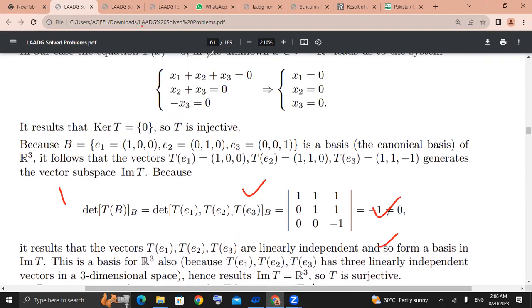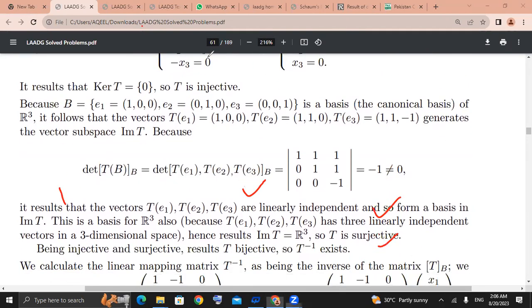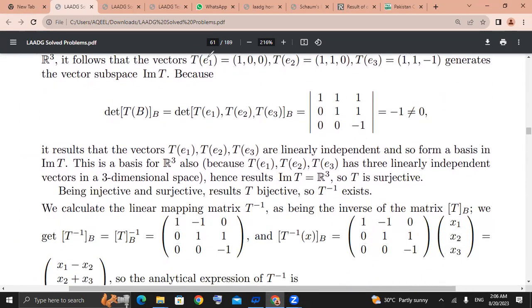So how can you take the inverse of the matrix? You take the inverse, this is the inverse of T, T inverse. How can you write it in matrix form? You just multiply it with x1, x2, x3.